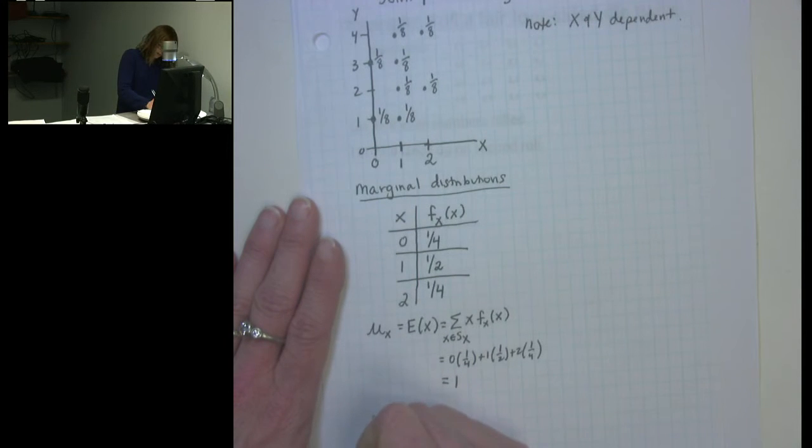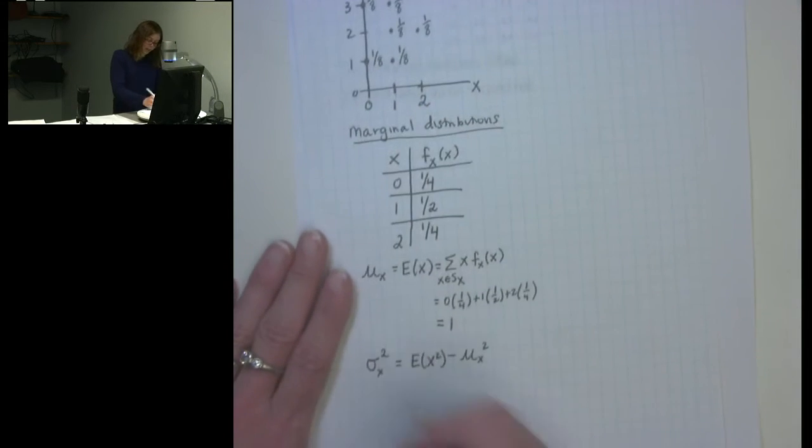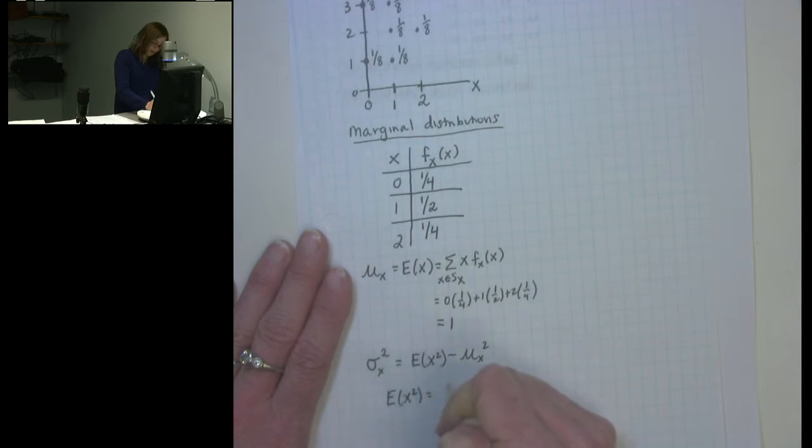I can find the variance, sigma squared sub x. It's going to be the expected value of x squared minus our mean of x squared. To find the expected value of x squared, remember I can sum, for all the x that are in the support of x, x squared times that marginal probability that X is equal to x.